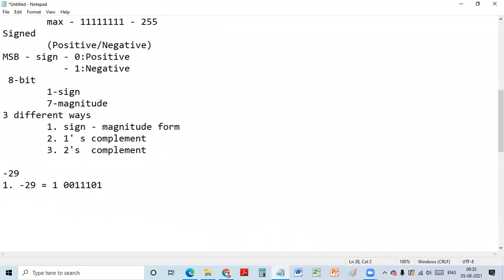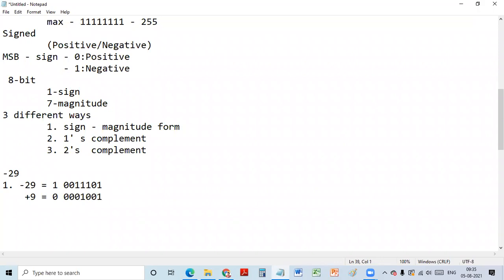Similarly, if I want to represent, in a simple case, plus 9: the most significant bit is 0 because the sign is positive, and the number is 0001001, plus 9.